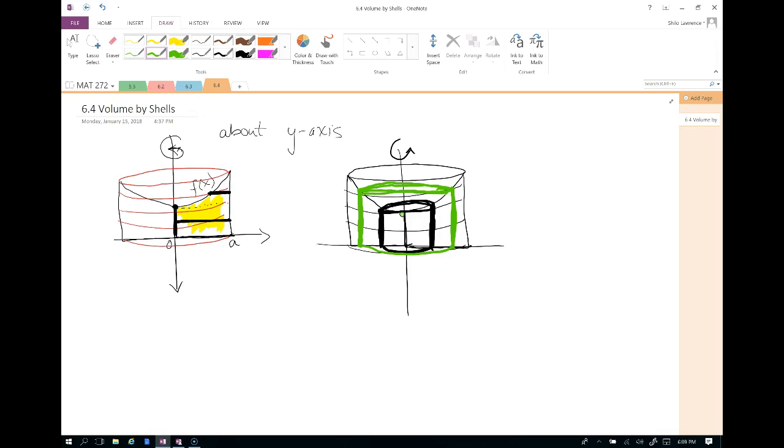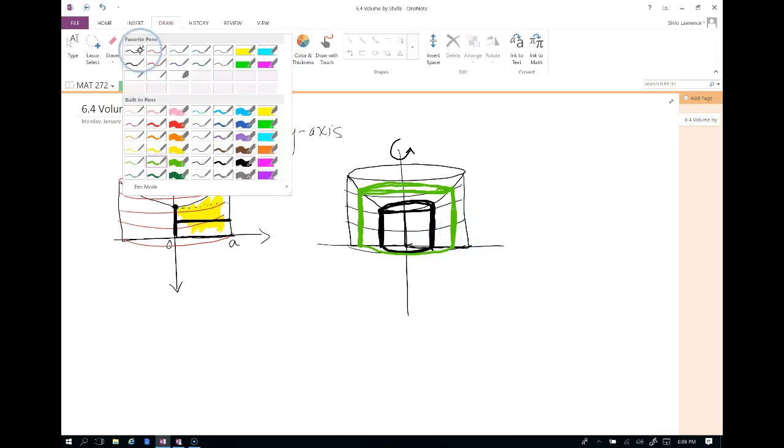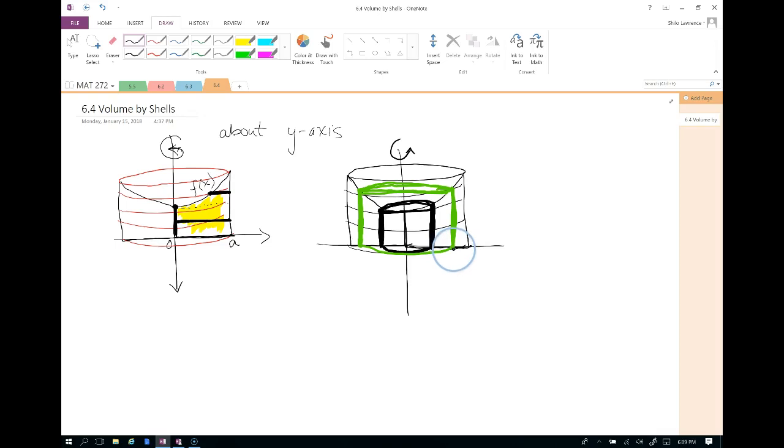So if we look at the surface area for each of those soup cans, the surface area of each one, and then add them all back together, that is technically the volume for each of the soup cans, because the thickness, again, we're going to call dx. So really it technically is going to be a volume.